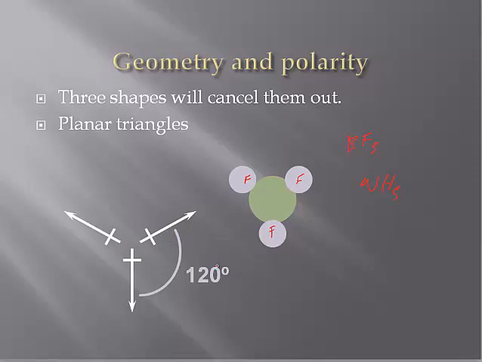They're equal and opposite, and that would be a nonpolar molecule. What would be unique, though, is if instead of fluorine I had a carbon there, something like that. A little different situation, but we want to just focus on this planar triangle.